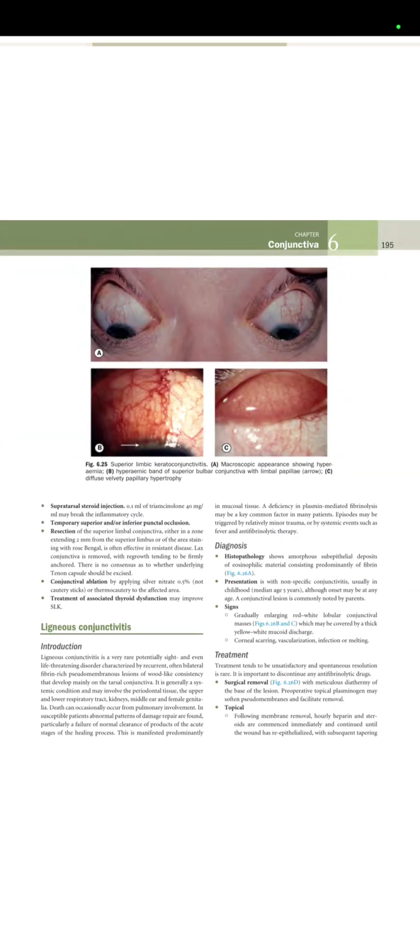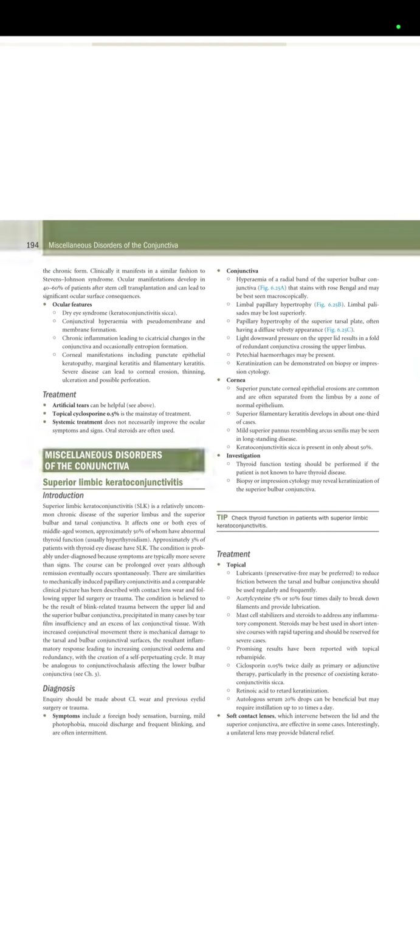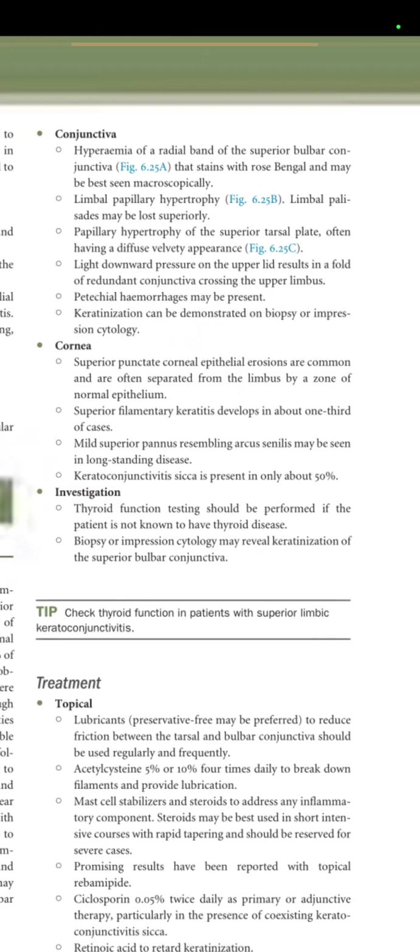So let's see figure 6.25a. This is radial conjunctival congestion, and you can see that the conjunctiva is congested. Limbal papillary hypertrophy. Limbal palisades may be lost superiorly. Papillary hypertrophy of the superior tarsal plate often has a diffuse velvety appearance.